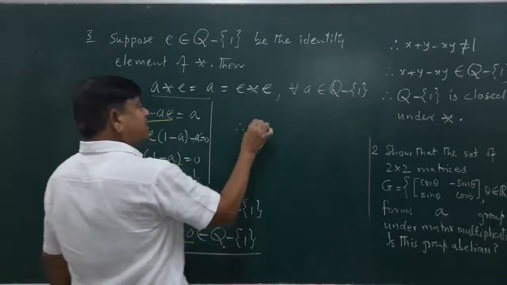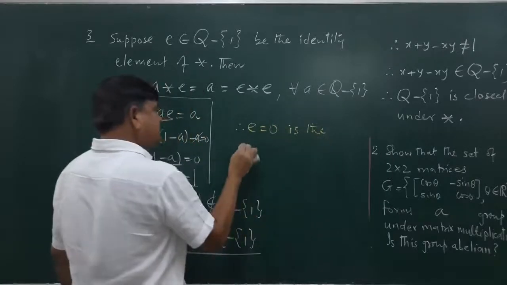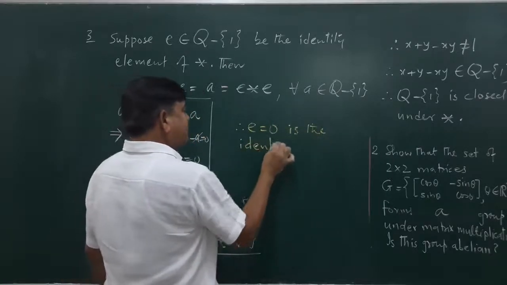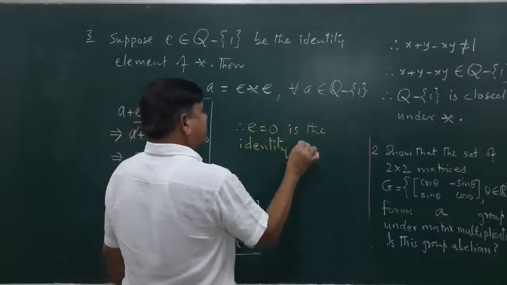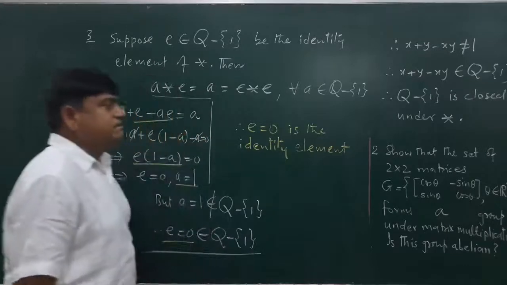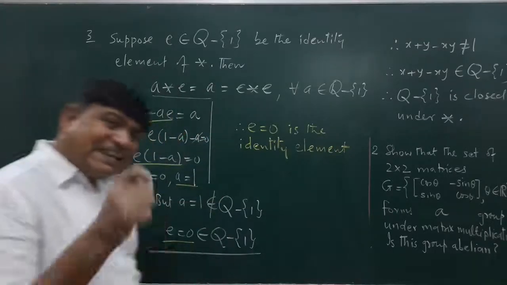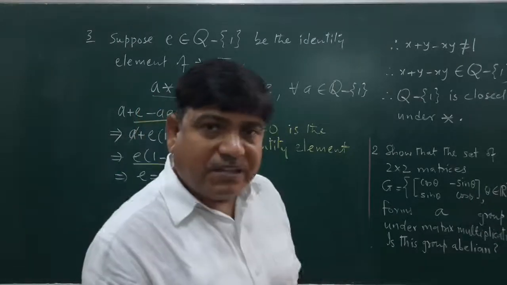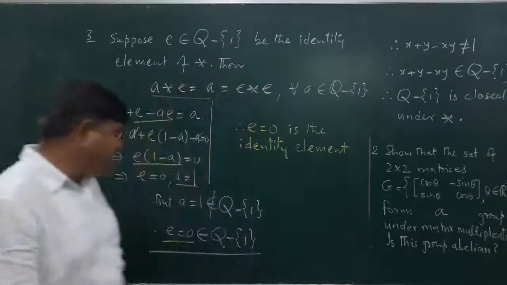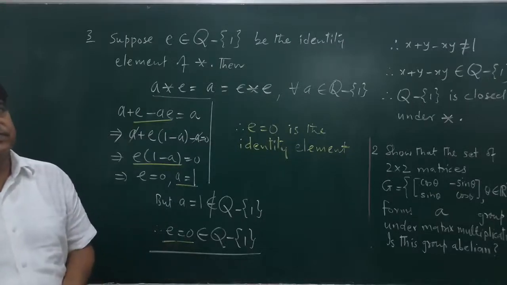Therefore, A equals to 0 is the identity element. Number of this. जो भी एलिमेंट बनता है, आइडेंटिटी एलिमेंट बनता है, वो उस सेट का मेंबर होना चाहिए. It is this.